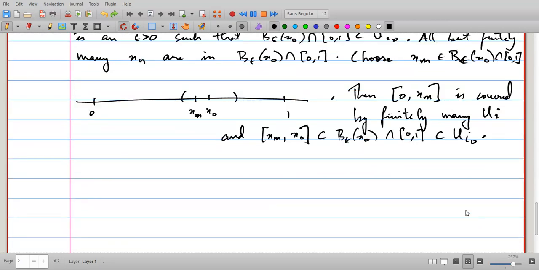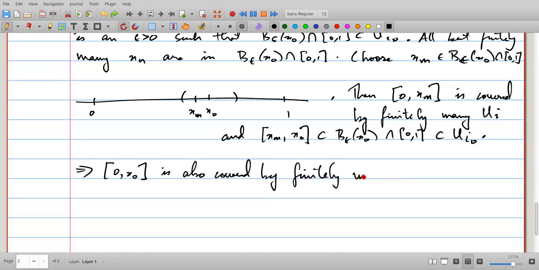So this implies that the interval [0, x naught] is also covered by finitely many U_i's.